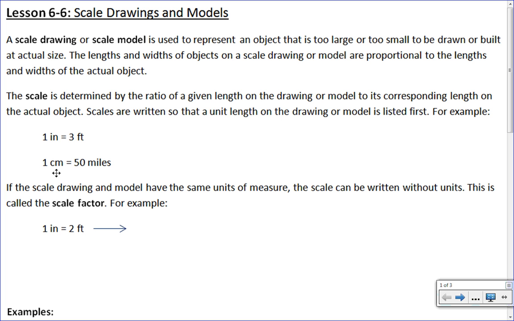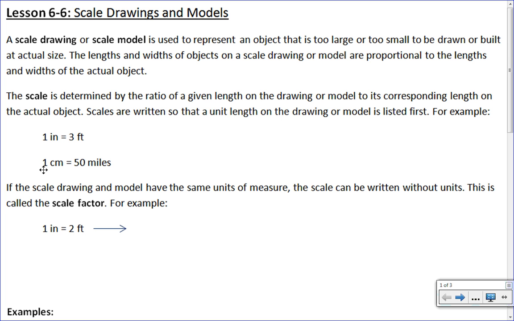Or a scale of 1 centimeter equals 50 miles would tell you that 1 centimeter on the drawing or model is equal to a distance of 50 miles on the actual object. So notice that these have to be unit lengths first. So this is 1 inch, 1 centimeter. It has to be one single unit, whatever that measurement is, inches, centimeters, whatever.